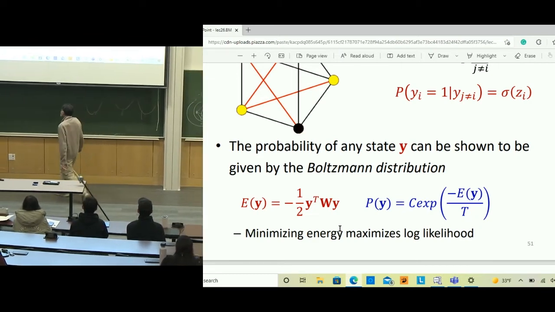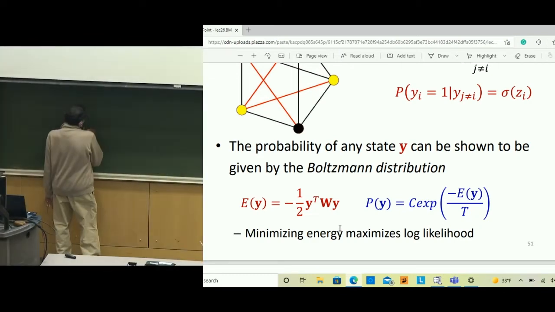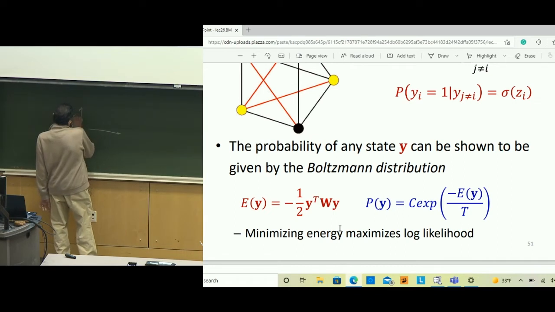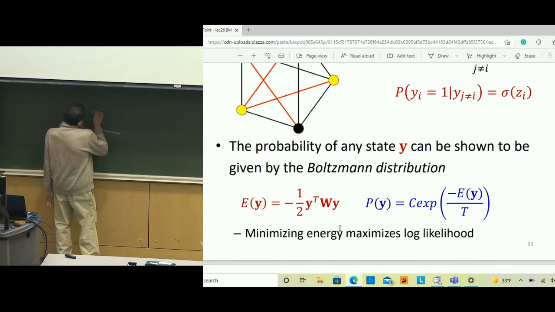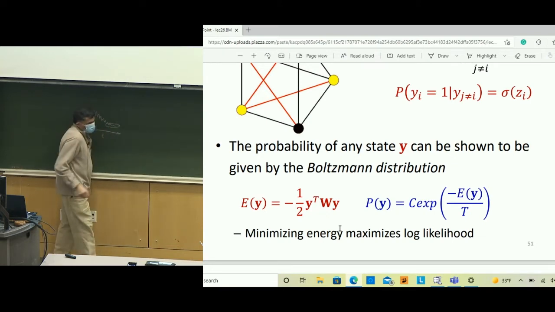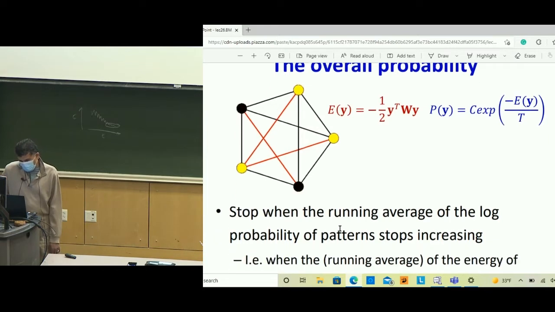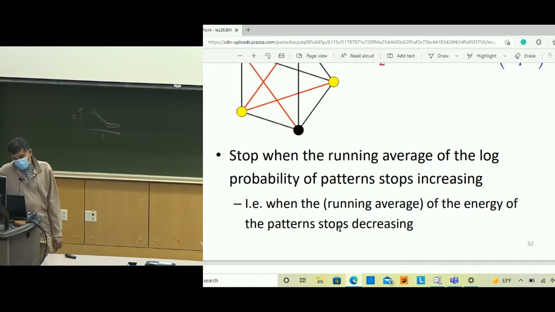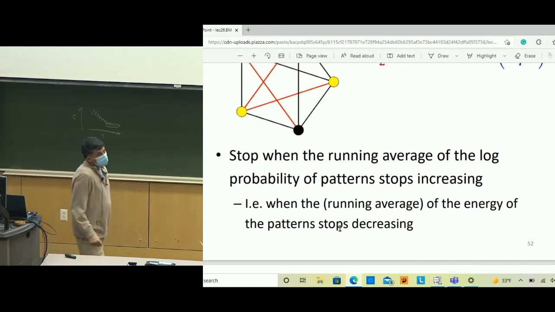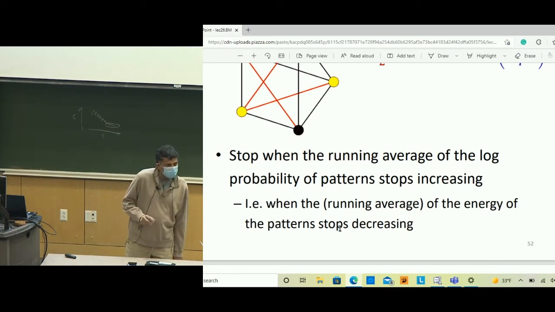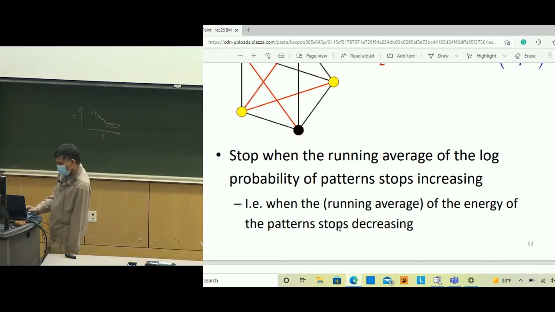So as the system evolves, if this is the energy, this is time, you're going to see something like this. This is where you would stop. It keeps bouncing around, right? So stop running when the average of the log probability of the pattern stops decreasing. That's about it. So it's a very simple stochastic system.